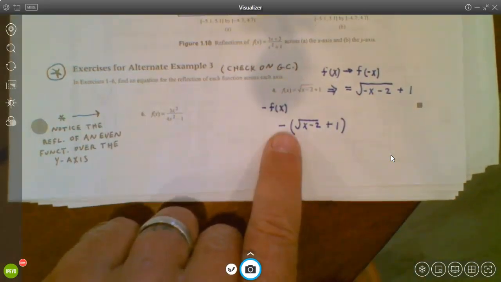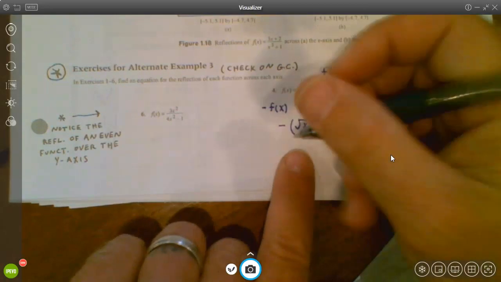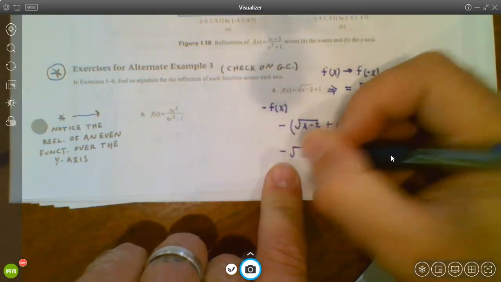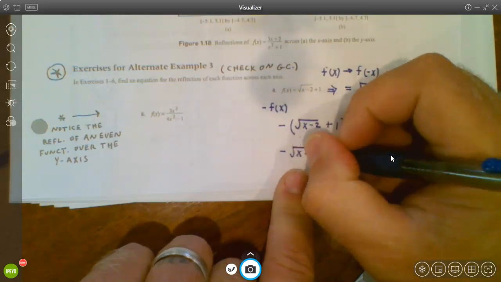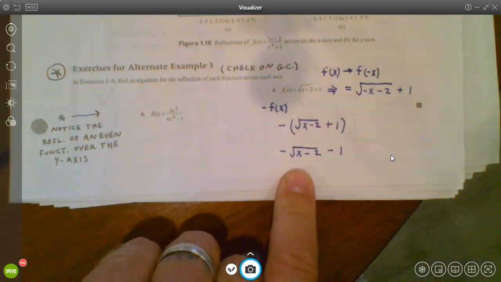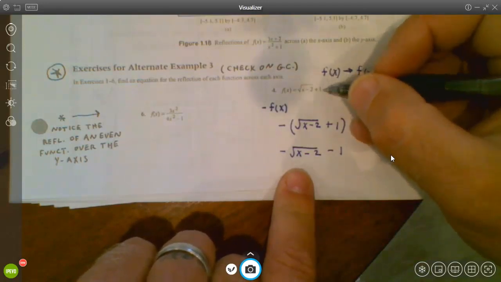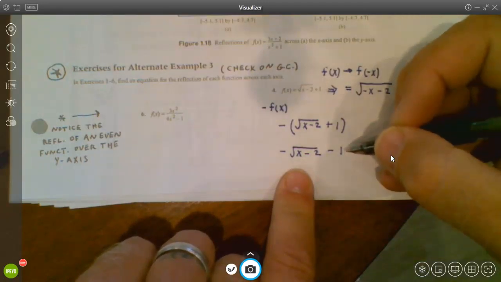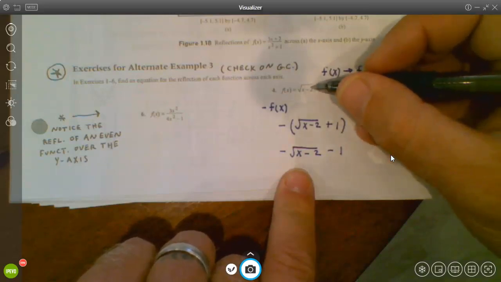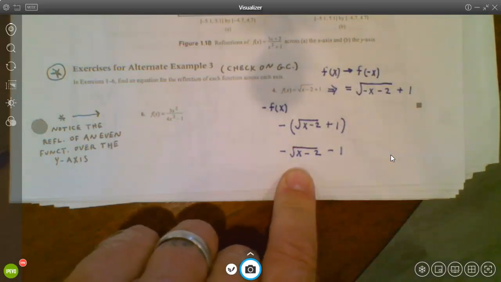So we're going to do the opposite of the entire function. Probably the better way of writing that would be to distribute that negative, and I would write it this way. All right, so again, if you were to graph this one on your graphing calculator and this one on your graphing calculator, this should be a reflection of this across the x-axis, or up and down.